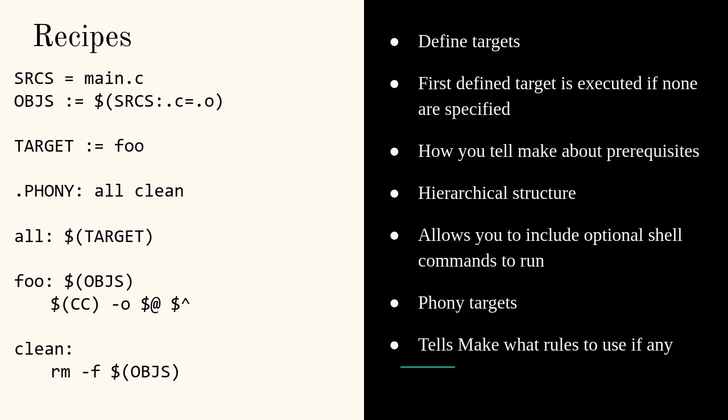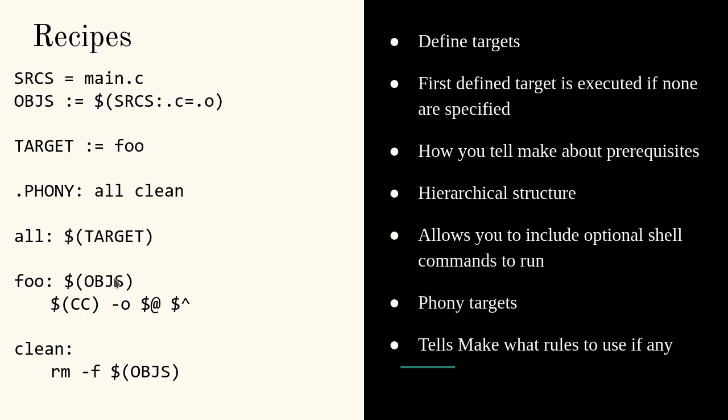If you don't say make target, if you just run make, it will run the first defined target. So what a lot of people like to do is make all the first target and set it and forget it essentially. The target is on the left here, then you have a colon and the prerequisite list for that target.